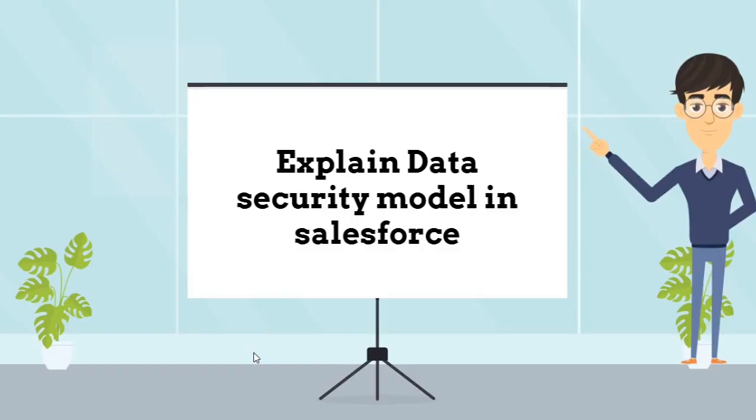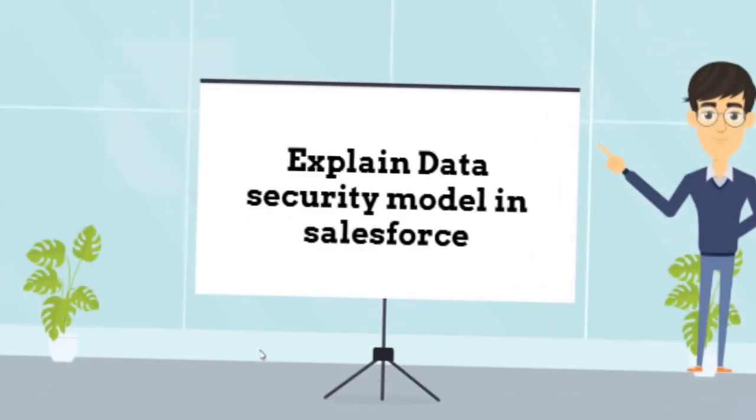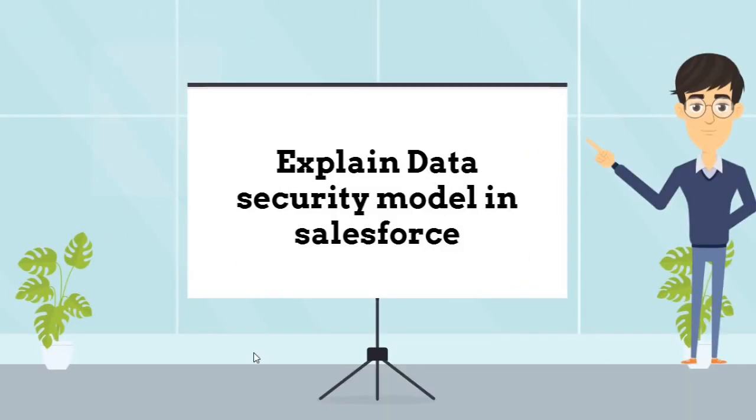The next question is: completely explain the data security model in Salesforce. This question was mostly asked to all of my cohort members and by all interviewers. Here you have to explain the complete data security model.